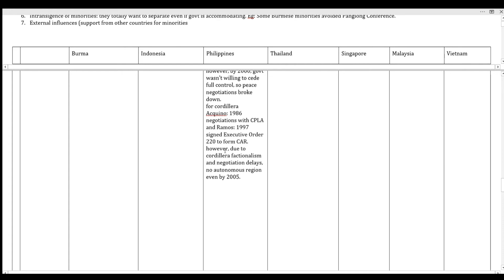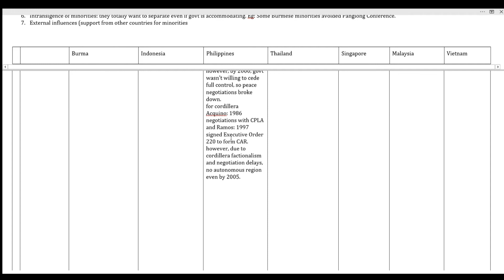And for the Cordillera, which is the mountainous regions, I believe, Aquino gave negotiations with CPLA, and Ramos signed an executive order to form the CAR, which I think is the autonomous region.